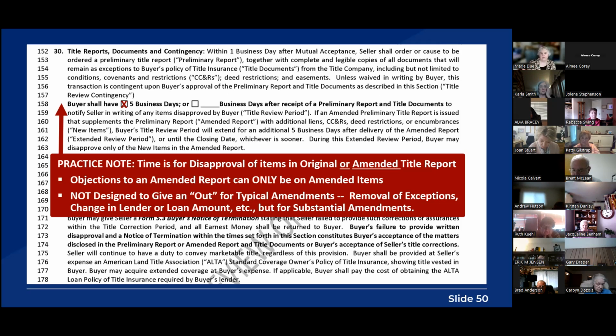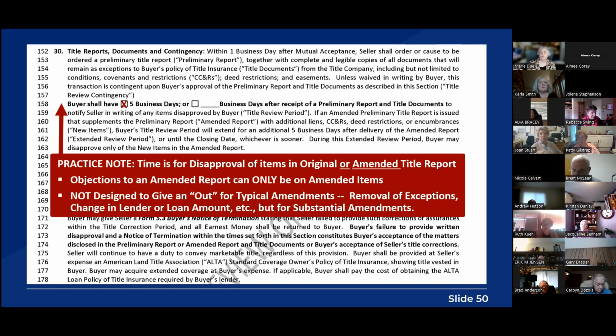Actually, I will give you an example. There was one I had many years ago where the seller had filed for bankruptcy, but unfortunately, one of the items had not been sent to the courts. They did not remove it. It was still on there. It was in a collection agency, and the debt was for like $100, but it was with Montgomery Ward's. Well, if any of you remember, Montgomery Ward's has been out of business for how many years?